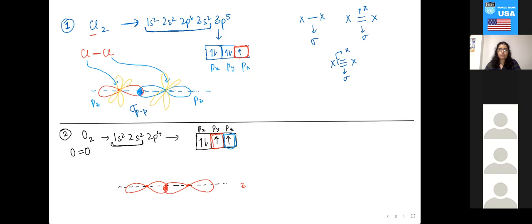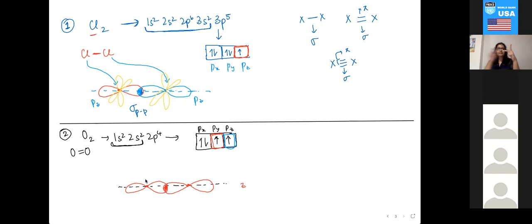Now, what about px and py? How are they arranged with respect to the z axis? If you had to visualize px, py, pz, how do they exist in space generally? Mutually perpendicular, right?